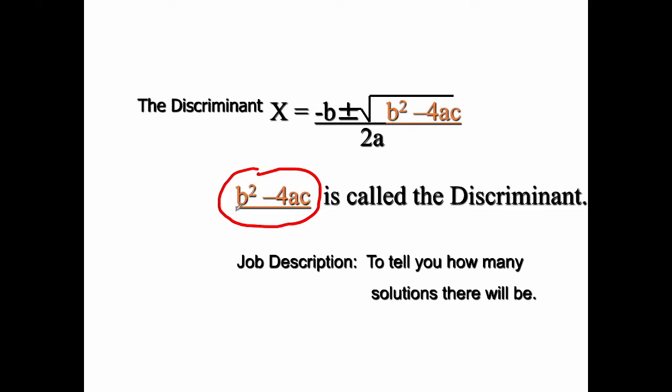It's going to tell you how many solutions there are, because if you think about it, if I'm taking the square root, I could either get a positive number, a negative number, or 0. And what we've learned about square roots to this point, those three things are going to have a different effect on the roots of our formula.